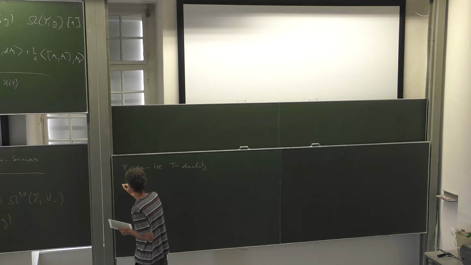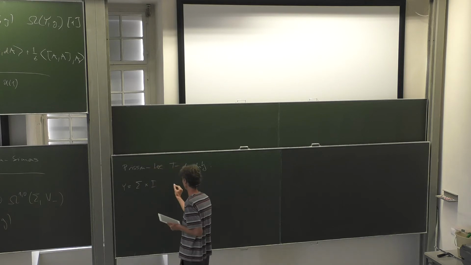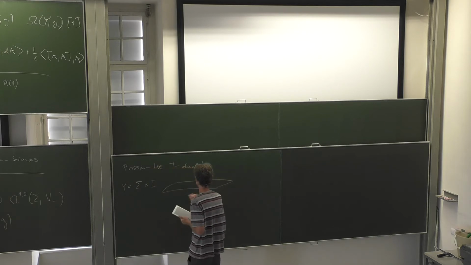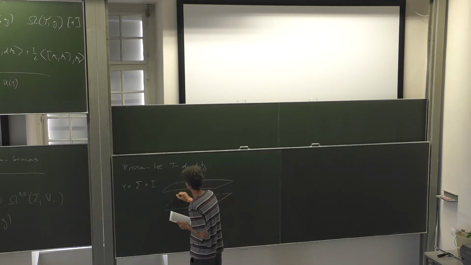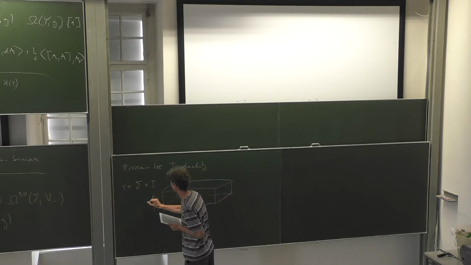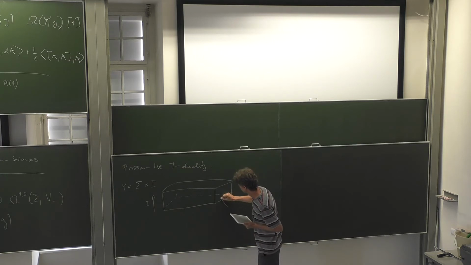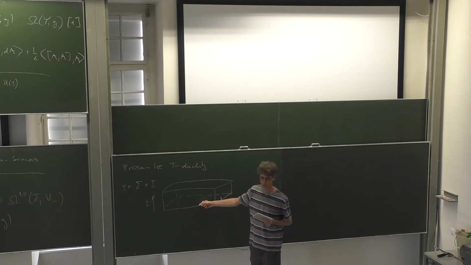But how can one get rid of that three-dimensional thing in one possible way? So let's take a three-dimensional manifold, which is just sigma times an interval. So it looks like this kind of slab. So that's I. And let me now put this V plus boundary condition on one side.